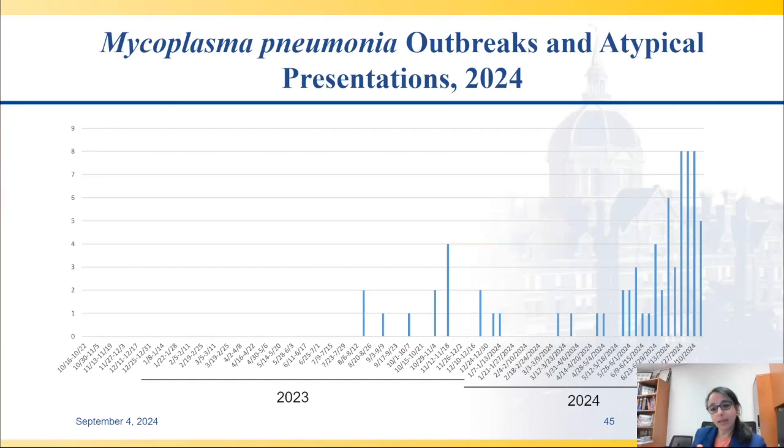But then using the Mycoplasma pneumoniae outbreak as an example, occasionally we should expect to see outbreaks of targets that can recur maybe every many years and also show up with some abnormal presentations that might be missed if a syndromic panel was not used, if your target was not in the differential.